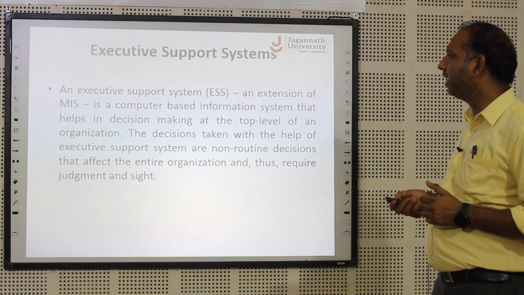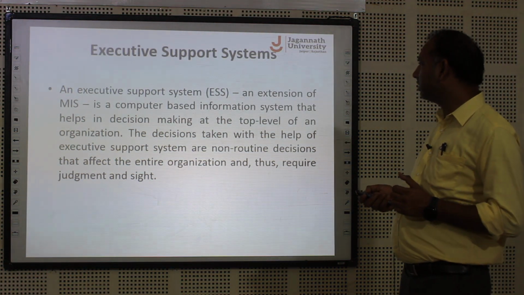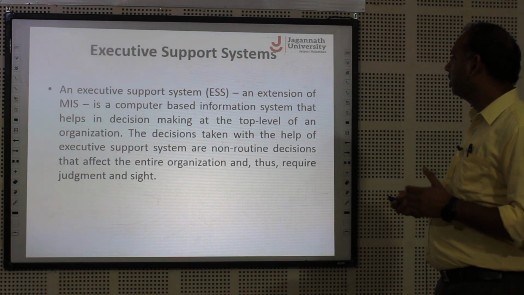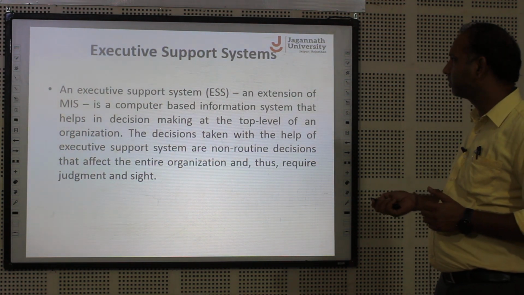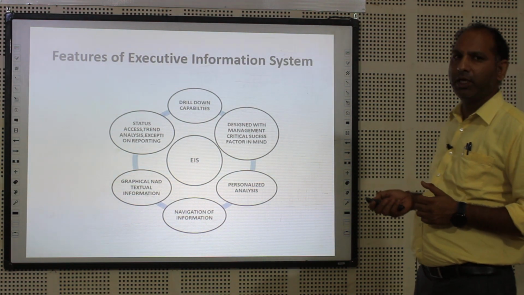Executive support system. An executive support system is a computer-based information system that helps in decision making at the top level of an organization. Features of the executive information system: there are many features.